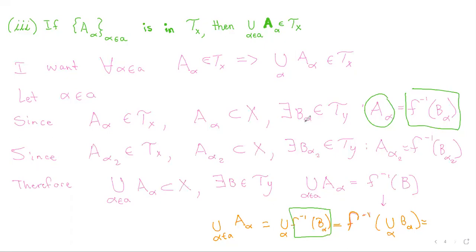And so this B is namely the union of B alpha for alpha in A, which exists in tau Y, because again, it is a topology.